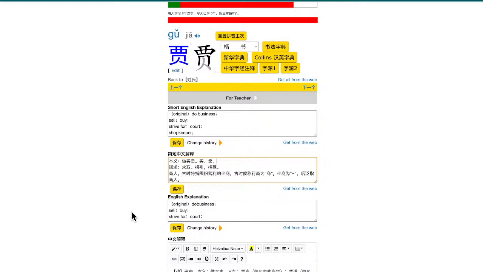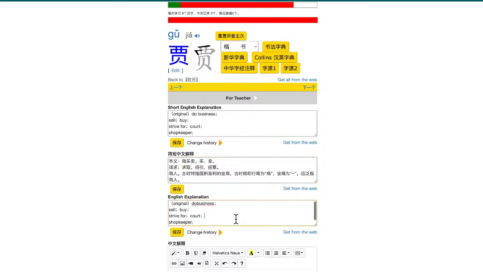Gu is shopkeeper, shang is traveling business people. But that kind of distinction is no longer in use today. This character Gu, referring to business people, is no longer in common use nowadays. As far as business people, they are all referred to as shang, no matter whether you're a shopkeeper or traveling business people. But in ancient times they had this distinction.